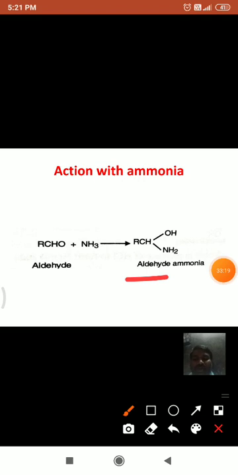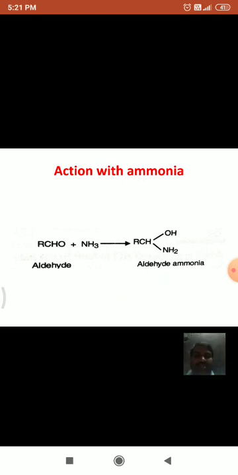This aldehyde ammonia is generally unstable and it loses water to form aldimines. And moreover, the formed aldimines are highly reactive and they polymerize to form cyclic trimers generally.